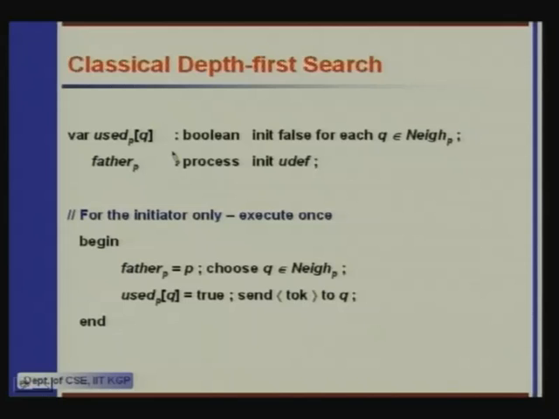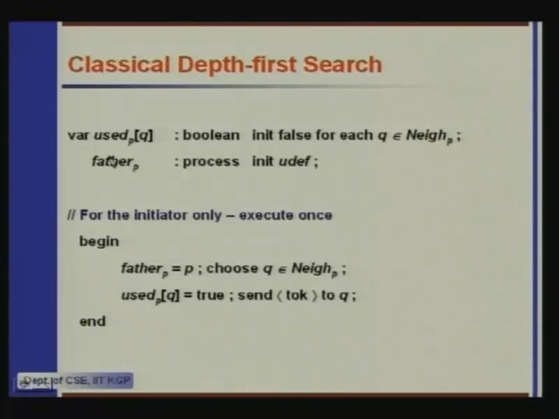So, in the depth first search we need that visited list, right. So, we also have this used PQ, this array of booleans, for each q belonging to the neighbors of P. Now, this is the data structure maintained by P. Every time in a distributed algorithm we only give the code for process P. So, I will set used PQ to be true when I have visited that neighbor q.